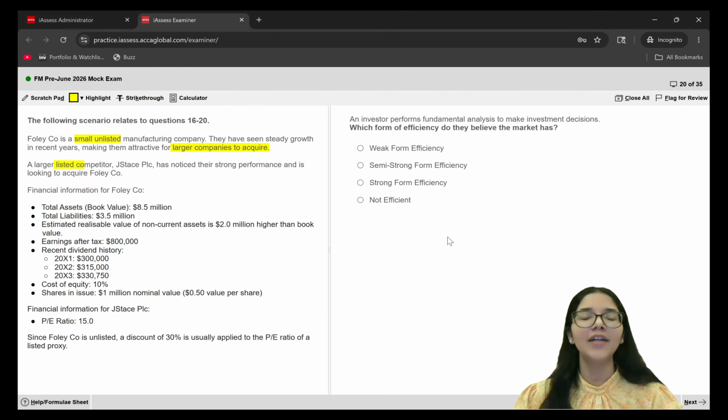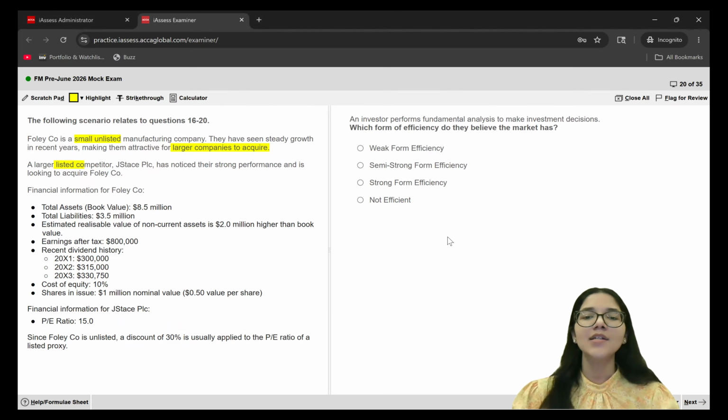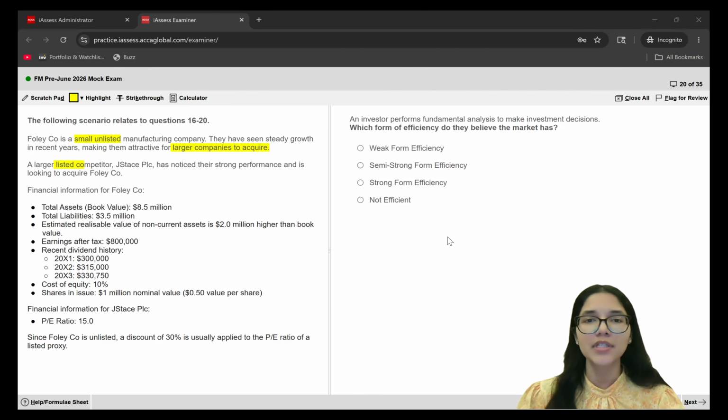Now guys, moving ahead to the very last question pertaining to this case study, I have to decide using the options what is the form of efficiency that the market has. An investor performs fundamental analysis to make investment decisions. So which sort of market efficiency is this investor believing in?